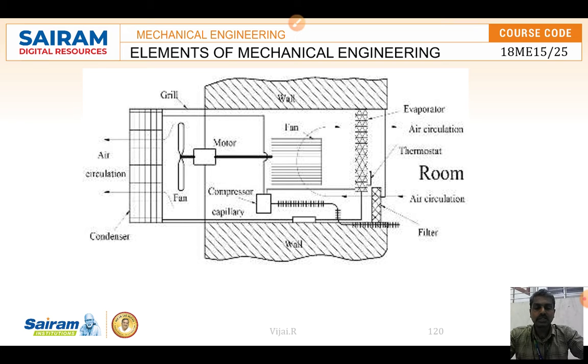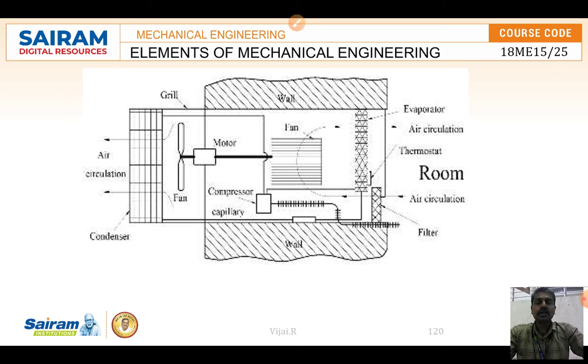When the hot air inside the room passes the evaporator coil, a refrigerant is passing inside that coil. The refrigerant is a medium which takes the heat from the air present on the room side. The refrigerant takes the heat from the room air and becomes vapor. It absorbs the heat because it has a low boiling point.